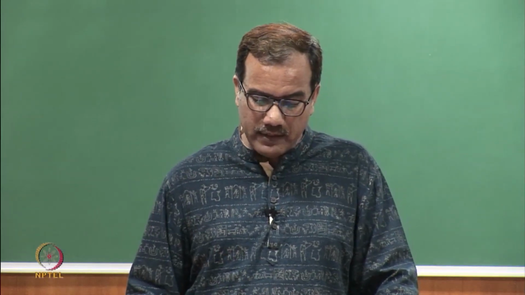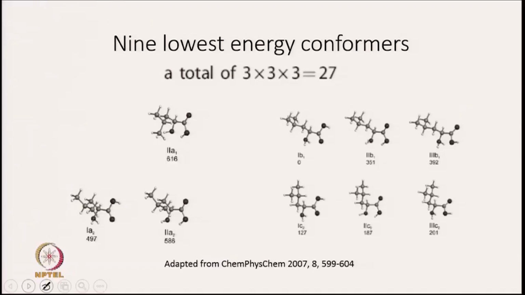So, a total of 27 conformations, and then they did ab initio calculations, and they found out that out of these 27, 9 are the lowest energy conformations, and they have given names like 2A1, 1B1 and so on. The 2 is based on hydrogen bonding, the A is based on rotation around the C alpha C beta bond, and the 1 or 2 is based on rotation around the C beta C gamma bond.